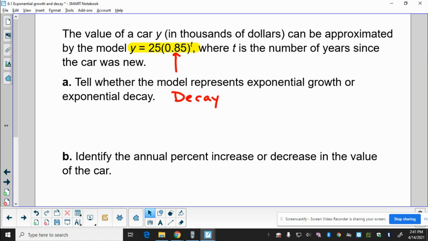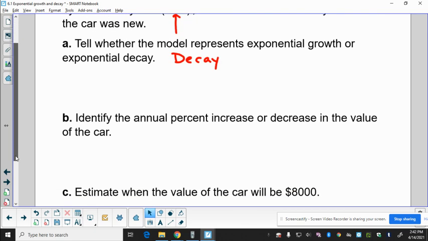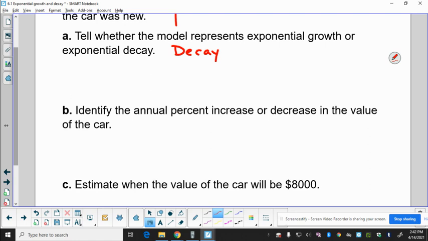Part B says identify the annual percent increase or decrease in the value of the car. So what we need to do is analyze this number, this 0.85, I should say. So I'm going to write this down. 0.85 is the same thing, if you think about this, as 1 minus 0.15, isn't it?